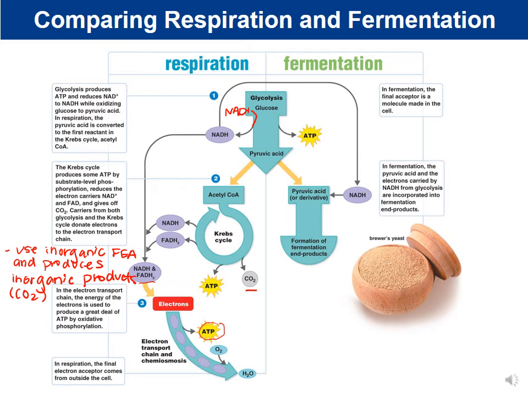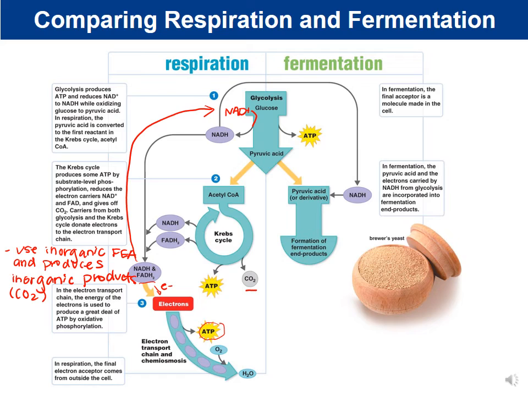Now, in order for this process to keep occurring, when those electron carriers drop off their electrons, they are going to go back, right? So they will form the NAD+, or they will form the FAD. So when they drop off electrons, it's back to being NAD+. Now the NAD+ can go back and pick up more electrons.